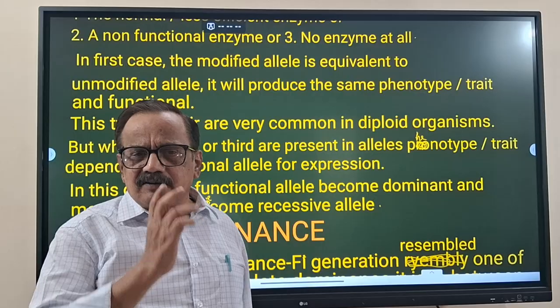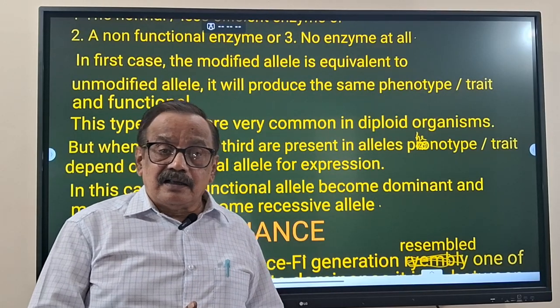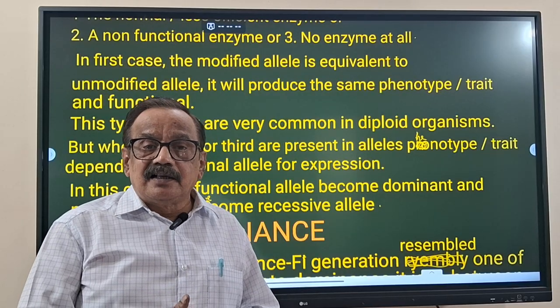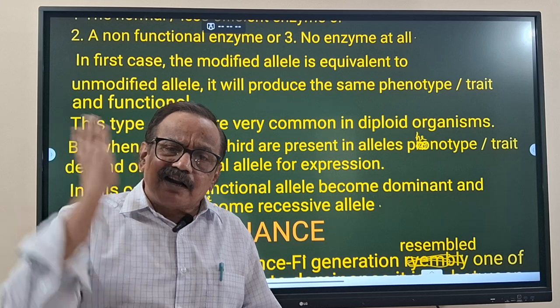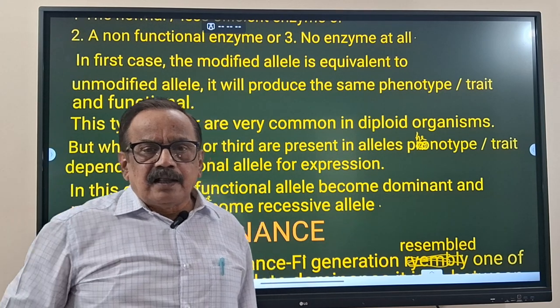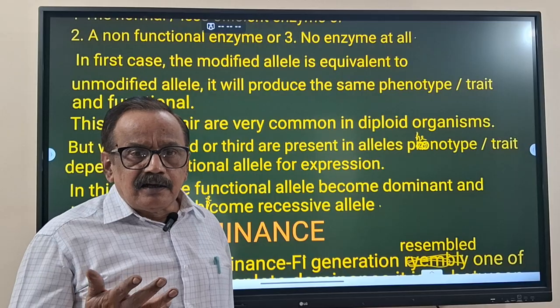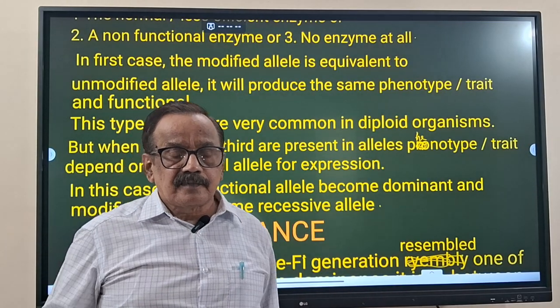People will get the doubt here only. What is this? The majority of the genes will be expressed with normal or less efficient enzyme production only, but very few are not. That's why he is telling you to understand the ratio, how it is developing.